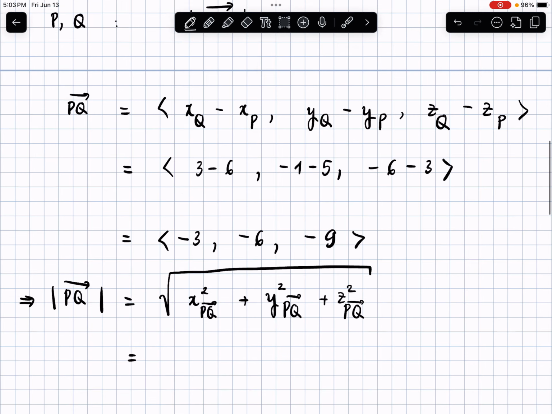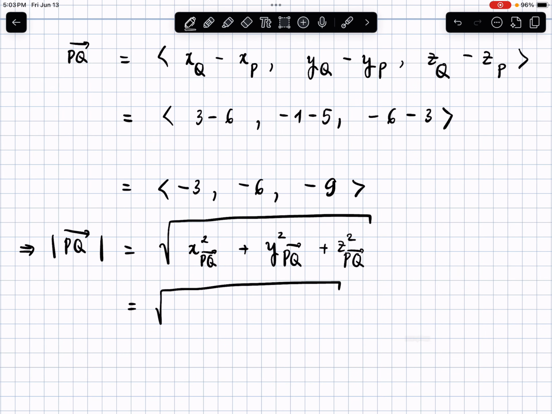Which is the square root of minus 3 squared, minus 6 squared, minus 9 squared.